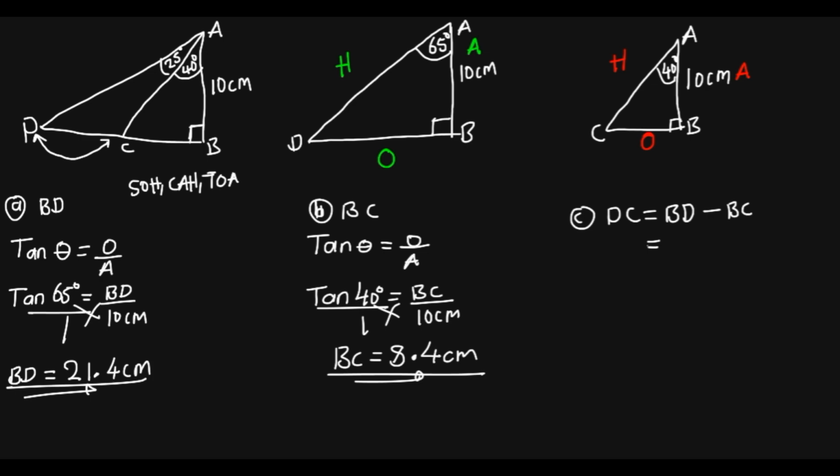From B to D is 21.4 minus B to C, 8.4. So 21.4 minus 8.4 should give us 13. So our final answer here is 13 centimeters.